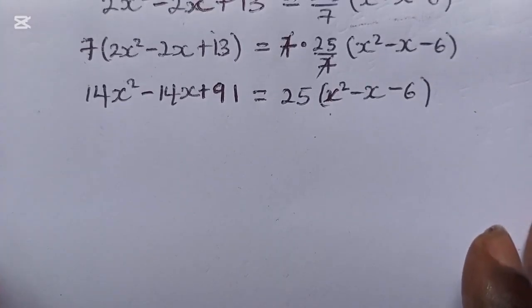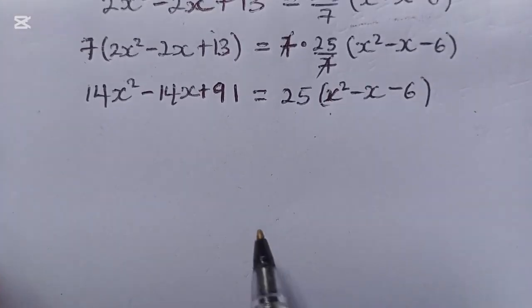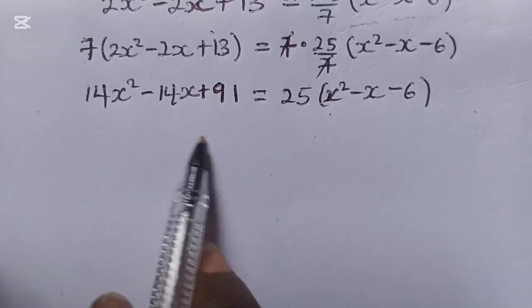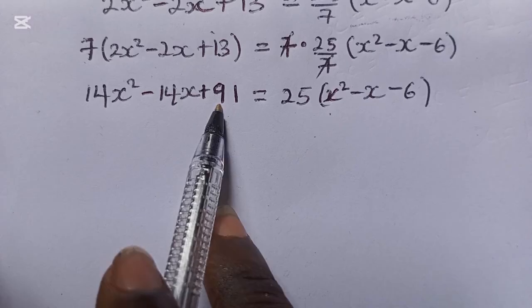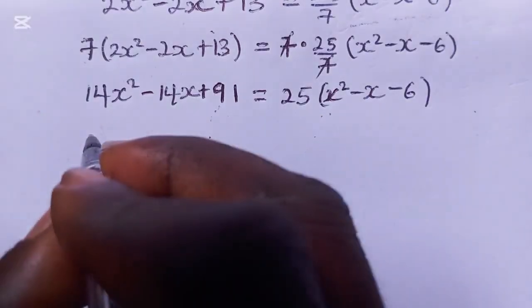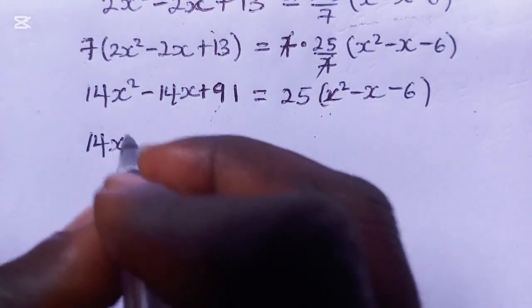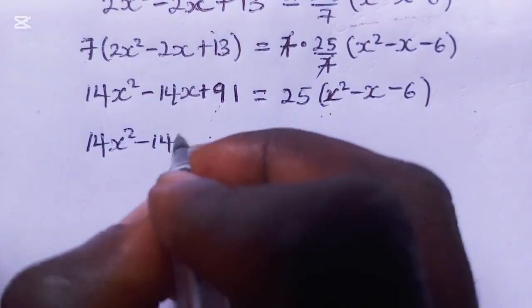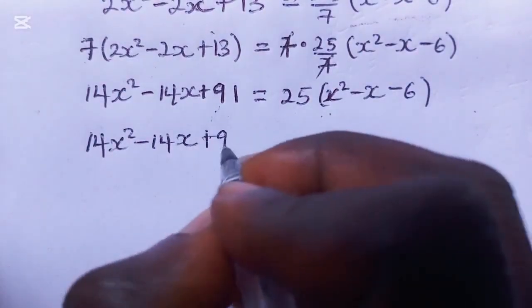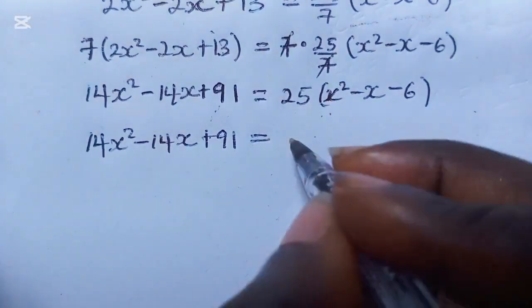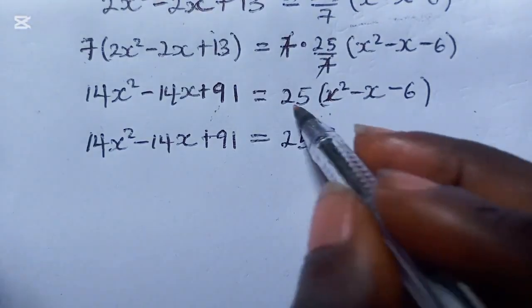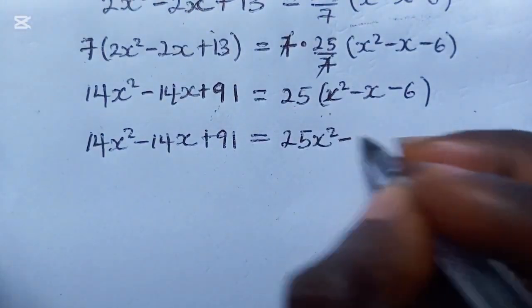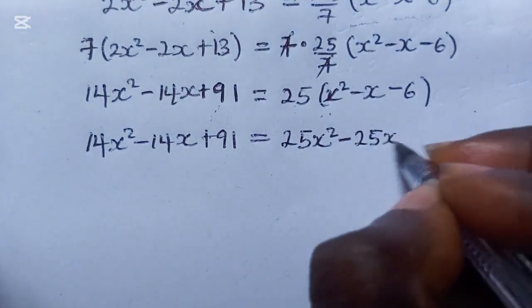Now, the next step here is, let's expand this side. So we have 14x square minus 14x plus 91 equals to 25 times this. We have 25x square. 25 times x, that's minus 25x.